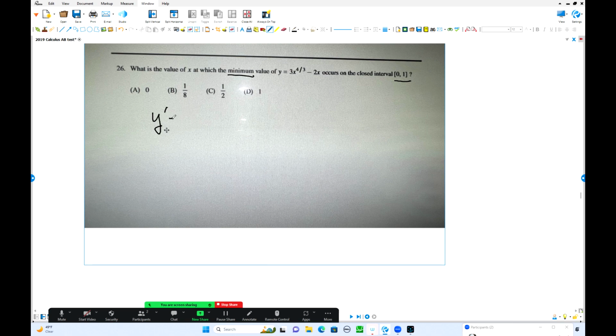Y prime: the derivative of the first term, 3 times 4 thirds is 4, x to the 4 thirds minus 1, which is 1 third, and minus 2. Make it equal to 0.